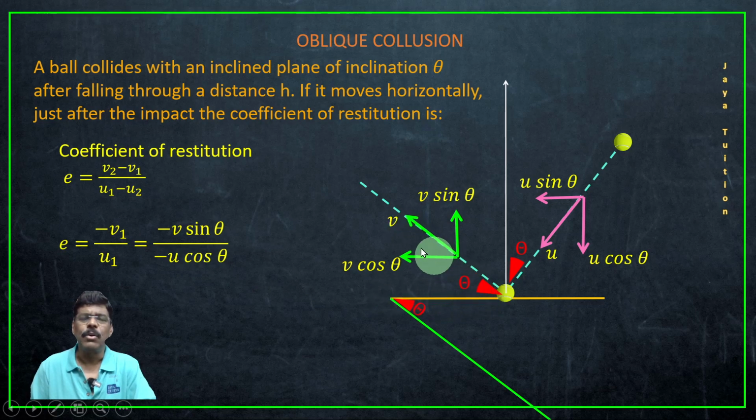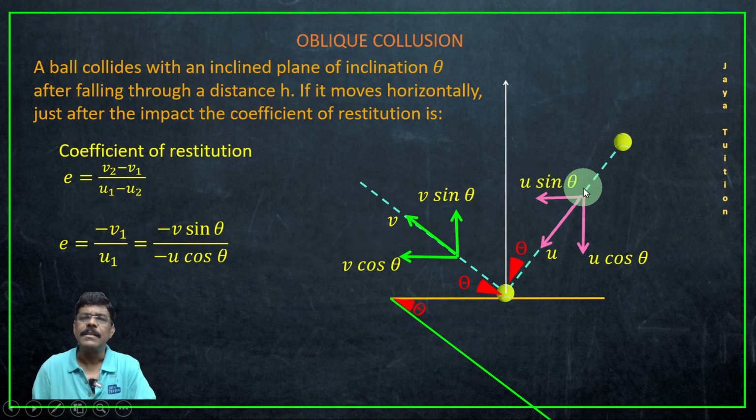V1 over here is along the line of action, or perpendicular to the plane. This is the line of action. Change in momentum will be along this particular part, not along the horizontal part. The change in momentum is always perpendicular to the wall. We have studied that. Therefore, the value of V1 will be equal to V sin theta. This is a positive quantity, but the minus sign coming from here will remain as it is.